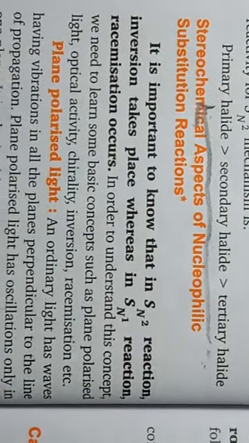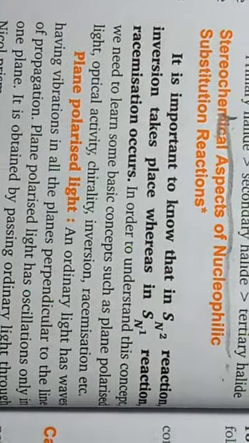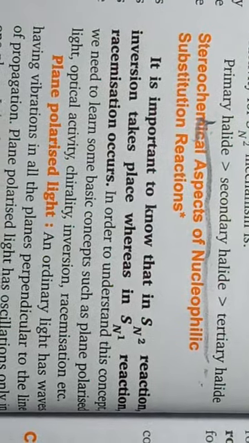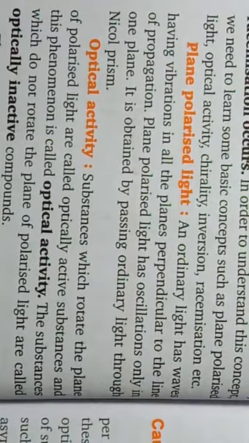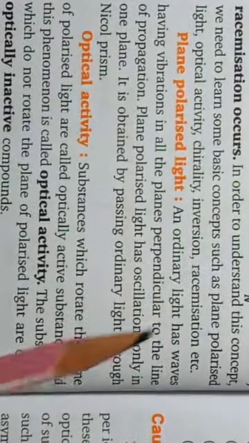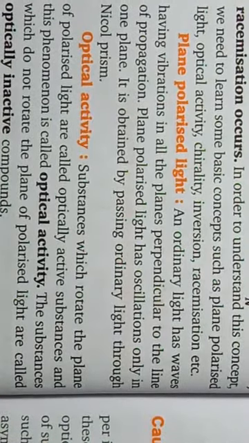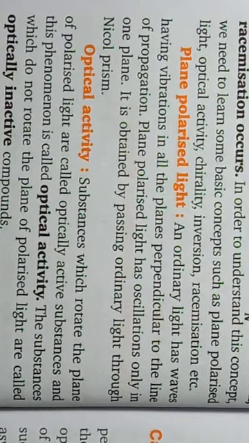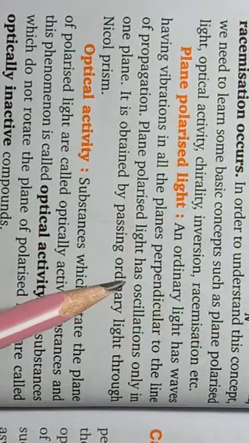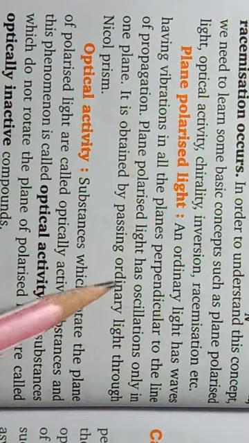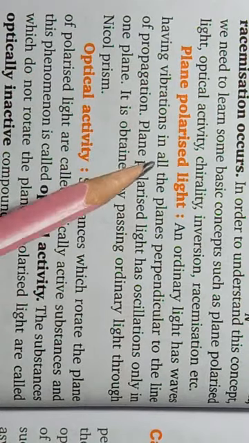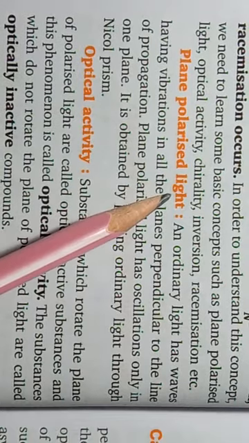Okay children, then the next heading is stereochemical aspects of nucleophilic substitution reactions, and the first heading is plane polarized light. You had all these terms in your 11th class also, but here we can revise these points once again in a very short manner. So the first heading is plane polarized light.